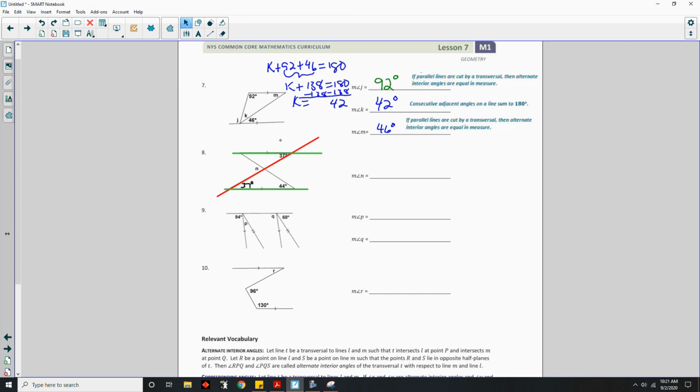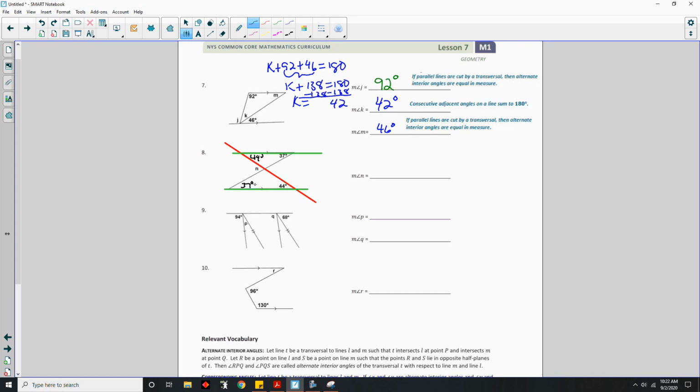Or I can move this over like so and focus on this transversal and say alternate interior angles are congruent. So this is 44 degrees. Okay, and there's a couple ways to do this. So now we have a triangle right here, and we know there's 180 degrees in a triangle by the triangle sum theorem.